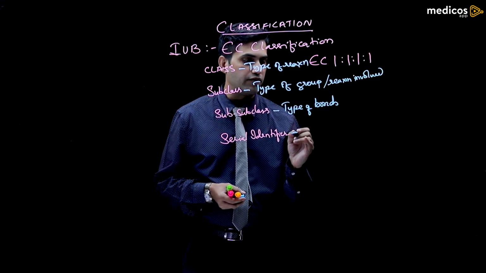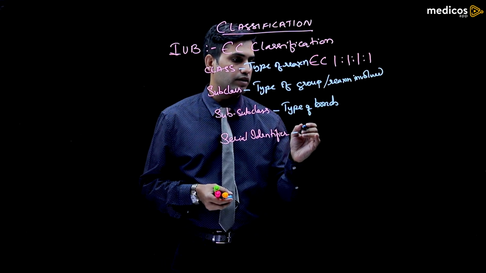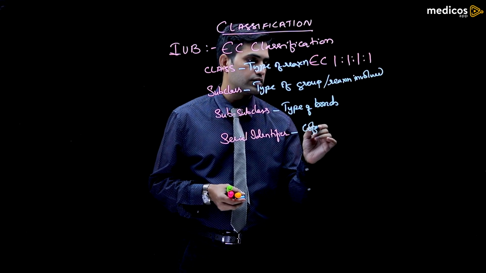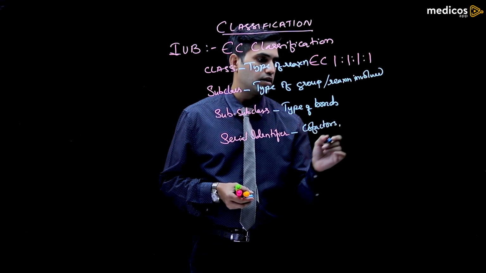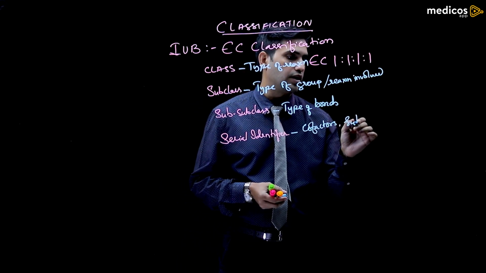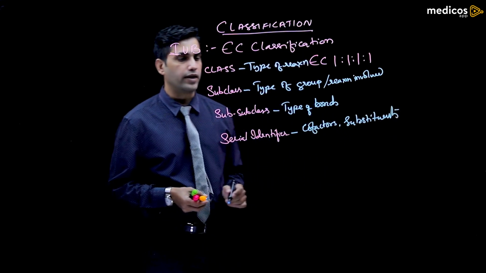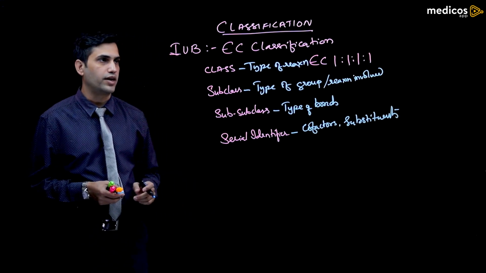And serial identifier will define the cofactors and substituents that are there, cofactors and substituents that are there.